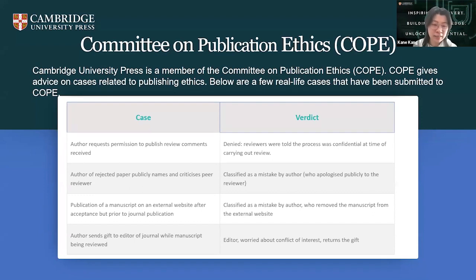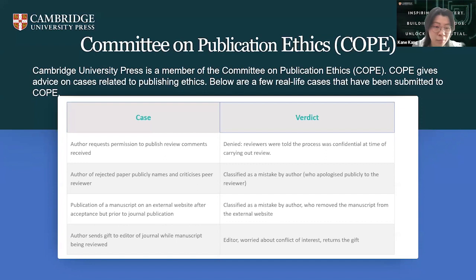You cannot do that. And if it's a subscription type, it's even worse. The author doesn't have any copyright of the paper. The copyright belongs to the publisher, so they can't even do that after the publication.